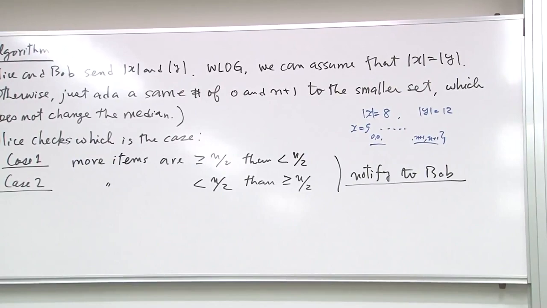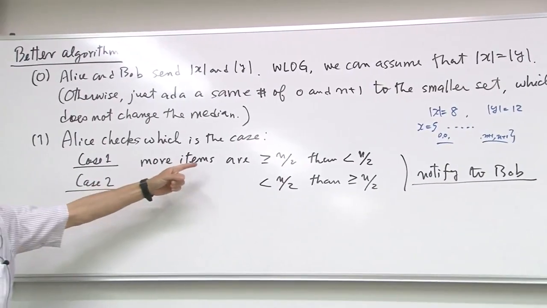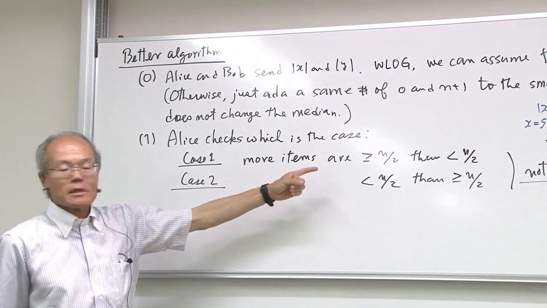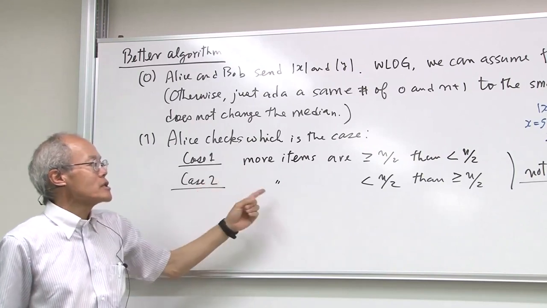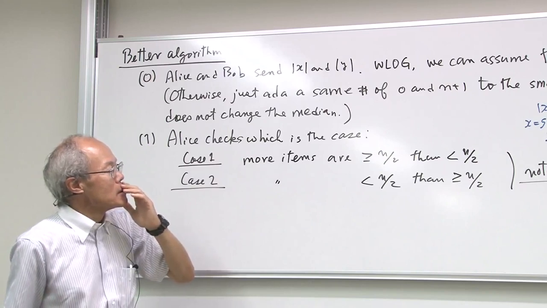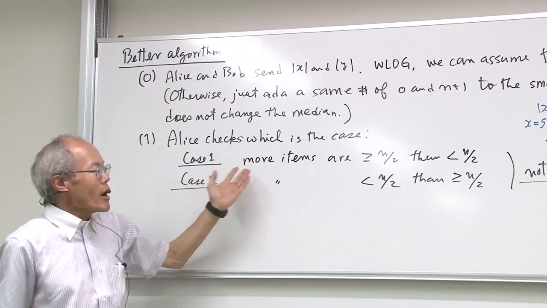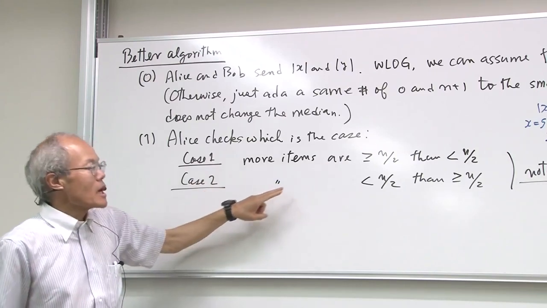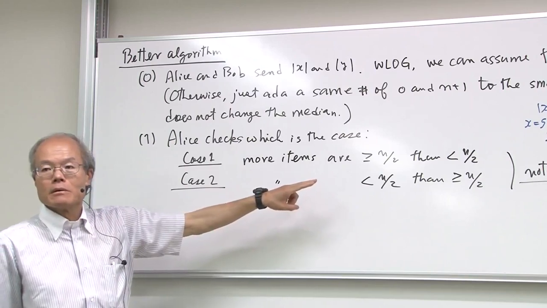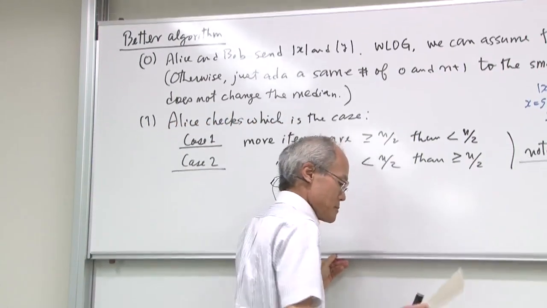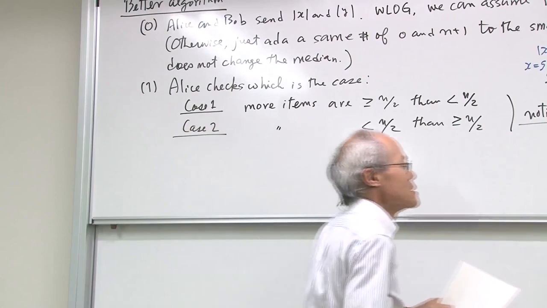Case 1, more items are at least n over 2. Case 2, more items are less than n over 2. Okay? So I check which is the case, and of course, send it to Bob. Notify it to Bob.